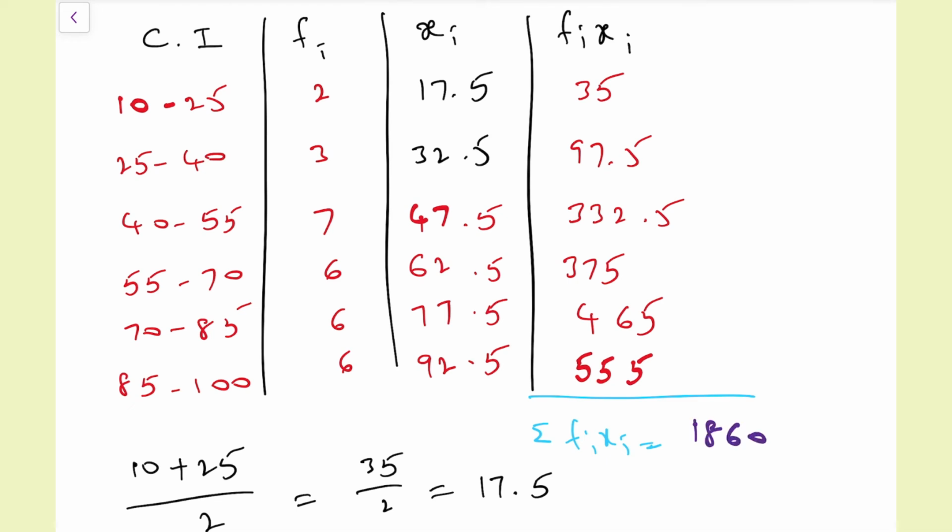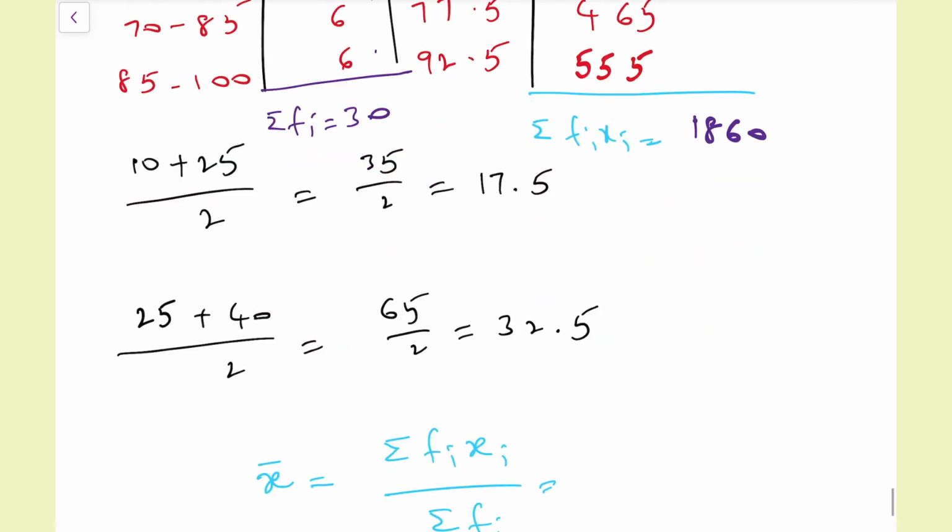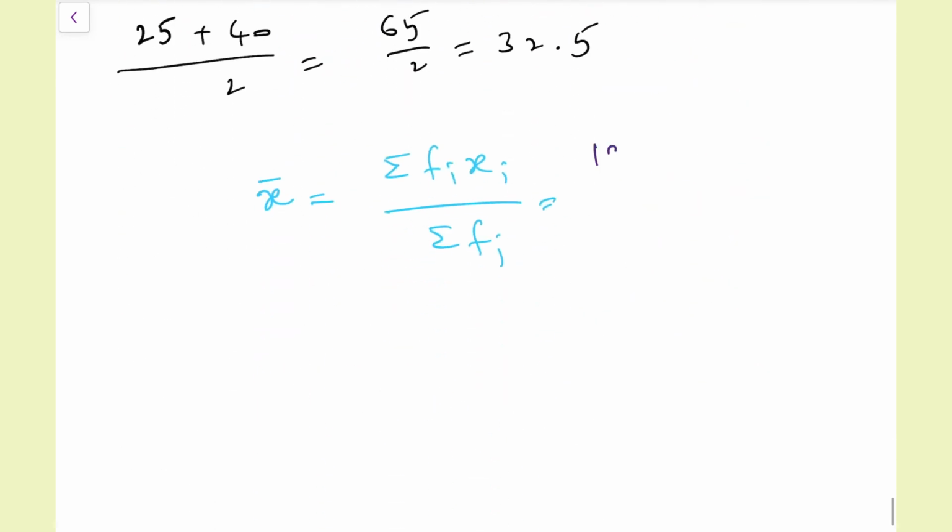The same way, add the total frequency, that is sigma Fi. 2 plus 3 is 5, 5 plus 7 is 12, 12 plus 6 is 18, 18 plus 6 is 24, 24 plus 6 is 30. Write that 30 here. So 1860 by 30.